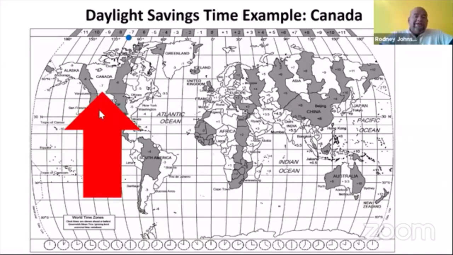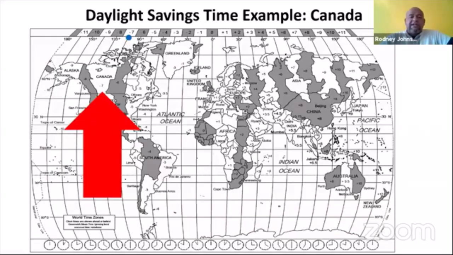If we look at Canada, you'll notice that Canada is on -7 time zone, right? So like we always do, we place our marker on the time zone ruler on the top, and we make a little cross there. In my case, I put a blue dot there. So normally, under normal circumstances, Canada would be on -7.